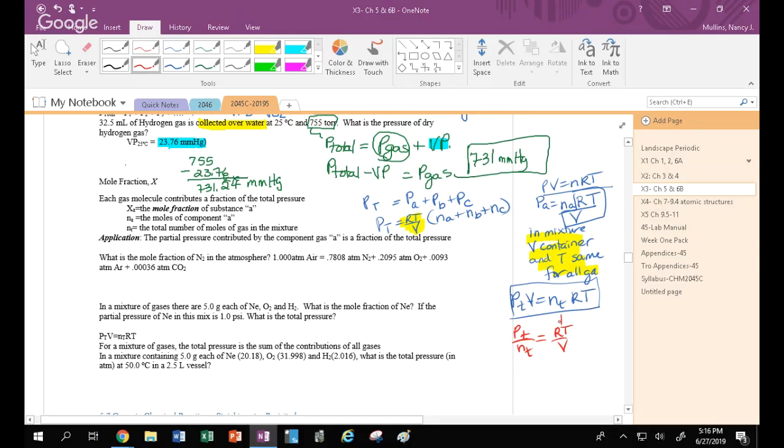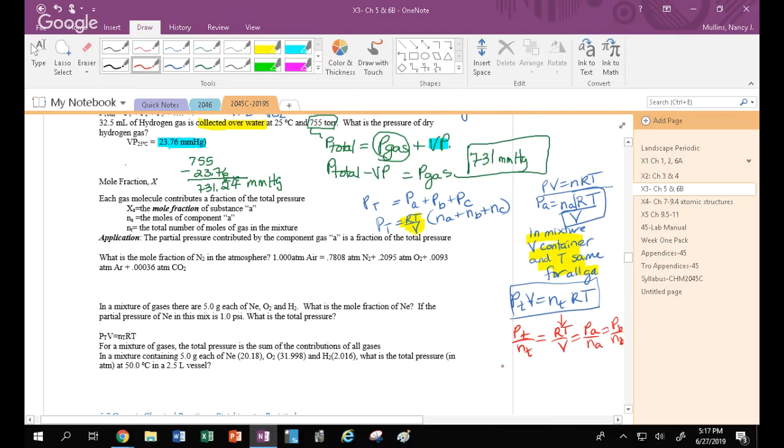And if this is a constant for every gas in the mixture, I could also say that it would equal the pressure of gas A over moles of gas A. Because gas A will expand to fill the whole container, and it's at the same temperature as the whole mixture. Or I could say that that would be true for gas B compared to the moles of that gas. That for all gases in the mixture, this ratio has got to equal the ratio for any other gas. It's not commonly written in this form.